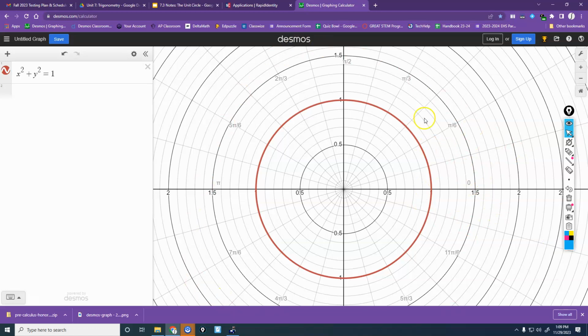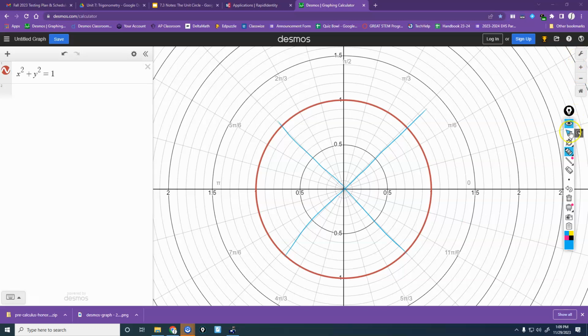The only one it doesn't give you is pi over 4 right here. It leaves that off. So these pieces right here are going to be the only ones that we really have to memorize, because Desmos can give us the rest. So it sounds terrible, but Desmos will give you most of them.